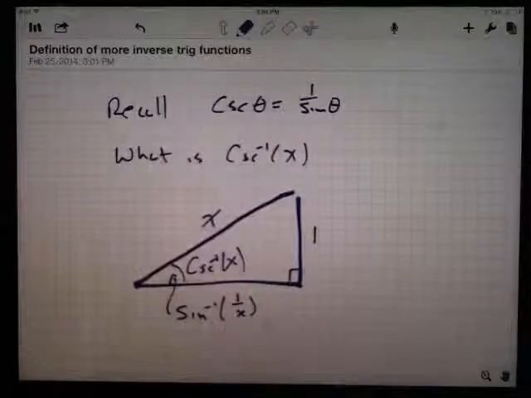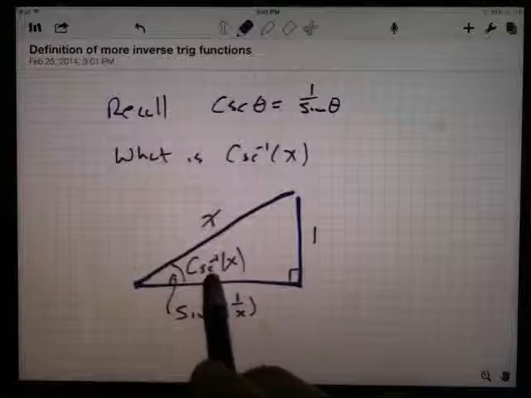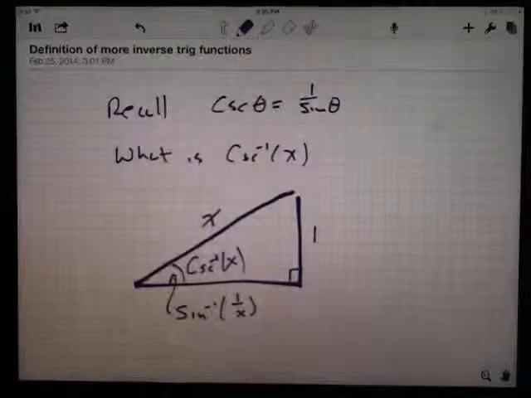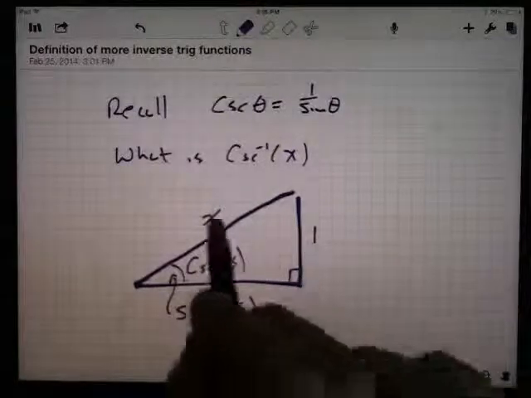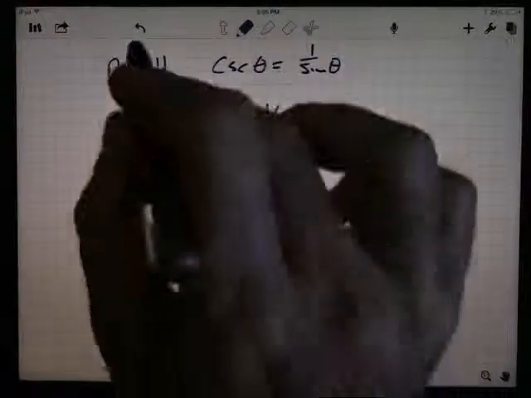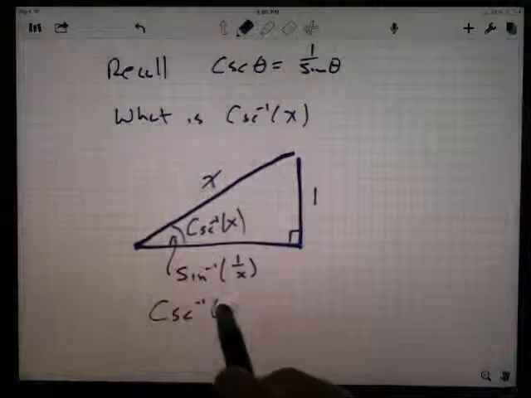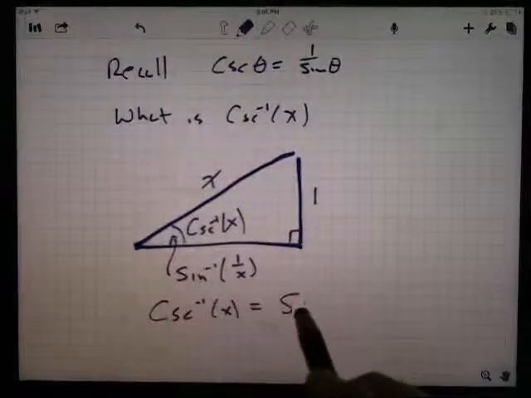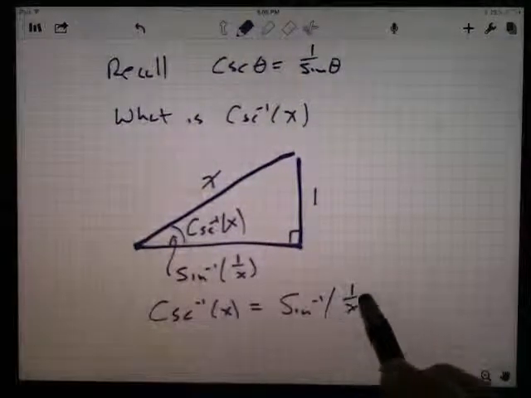I can think of that angle two different ways. It's the angle whose cosecant is x over 1. It's the angle whose sine is 1 over x. Cosecant inverse of x is equal to the sine inverse of 1 over x.